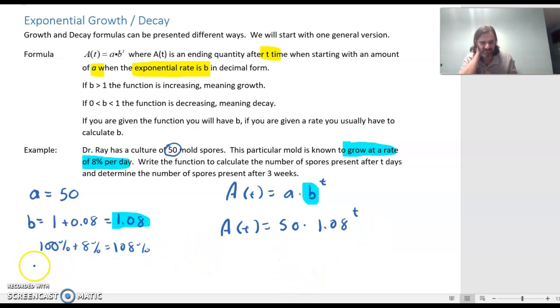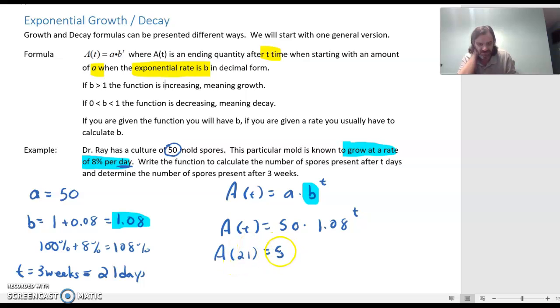Now if we want to do it for 3 weeks, let's see, t equals 3 weeks. Well, it's very important to notice that this says that the growth rate is per day. So 3 weeks is 21 days. So let's see, A of 21 would equal 50 times 1.08 to the 21.